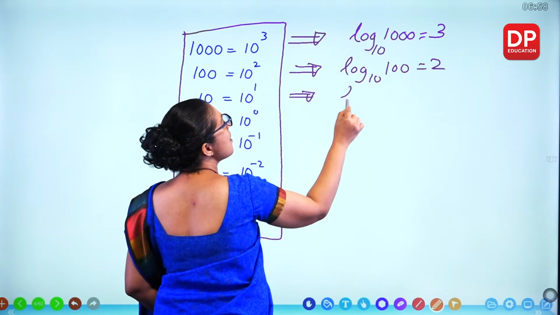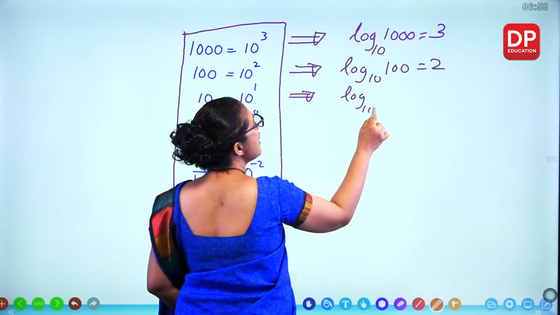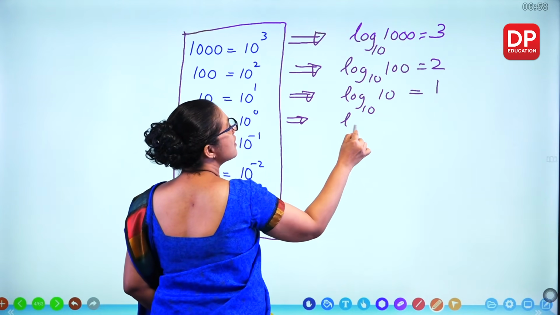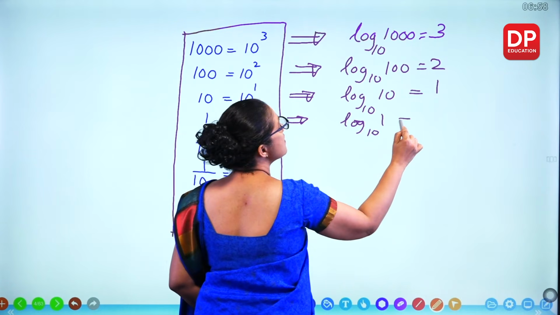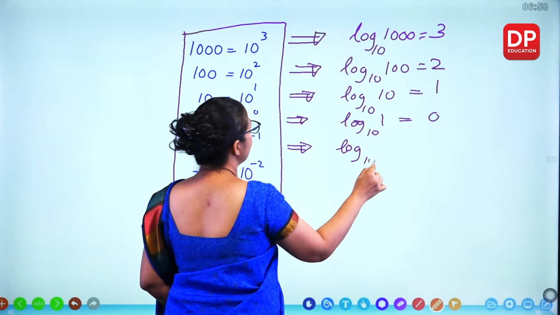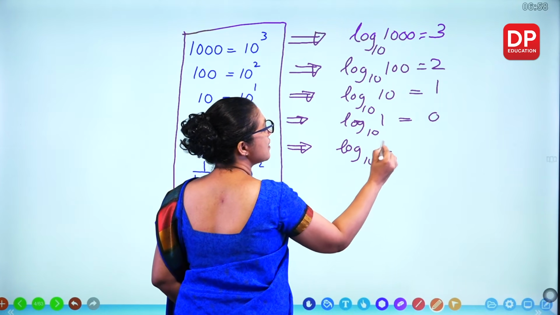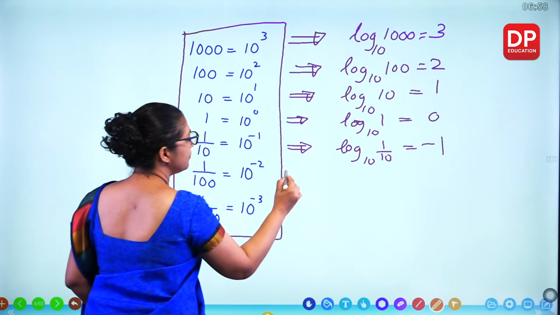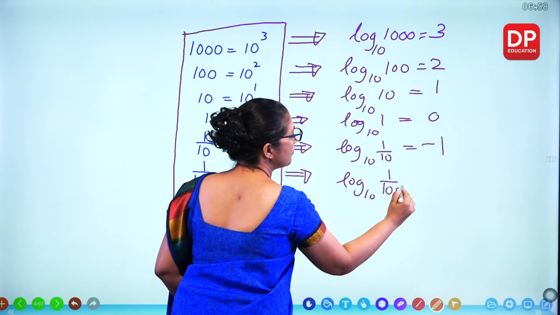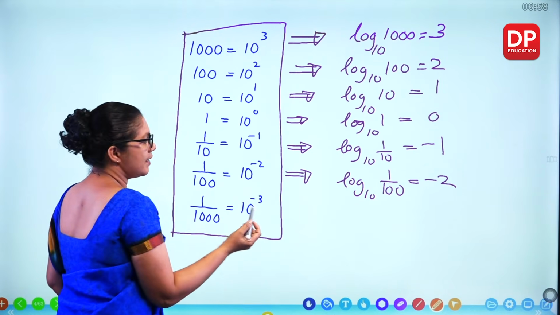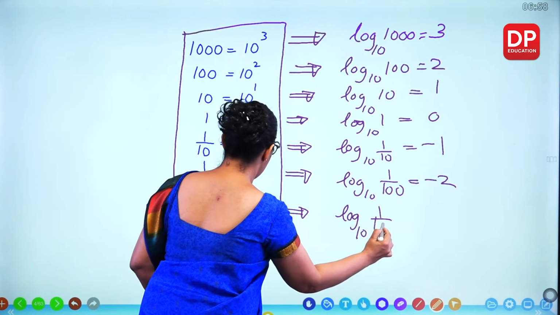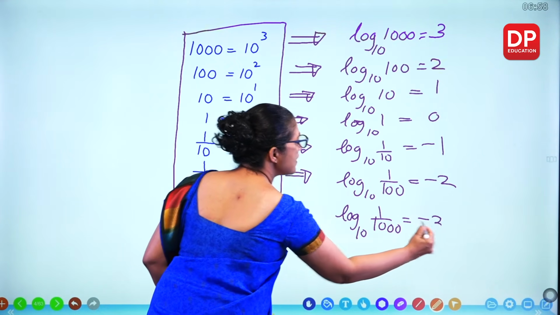Now try all these numbers. You get log 10 base 10 is 1, log 10 base 1 is 0, log of 1 over 10 is minus 1, this one is minus 2, and the last one, 1 over 1000, is equal to minus 3.